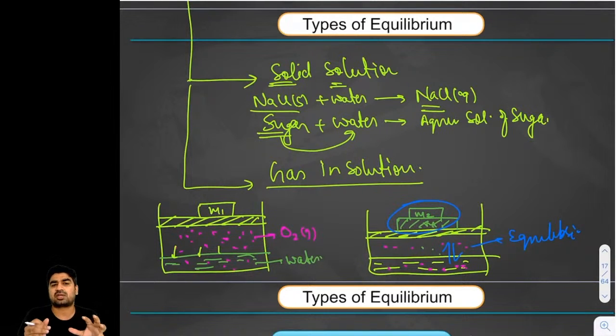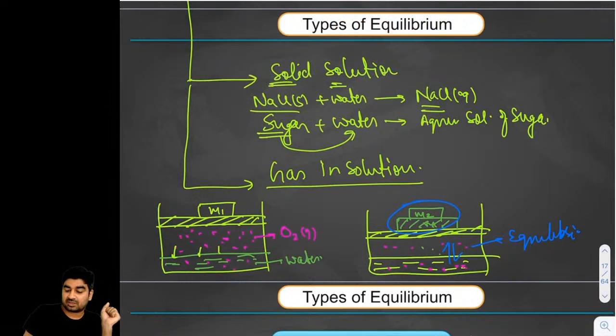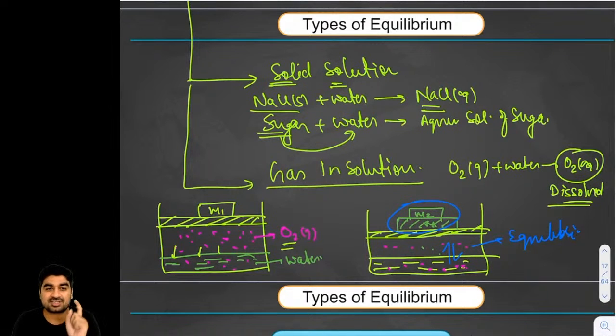So this is also a case of physical equilibrium. Why is it a case of physical equilibrium? Initially there was O2 gas. When you add it into water, it will become O2 aqueous. So this gas we call dissolved gas. Yes, guys, this is dissolved gas.